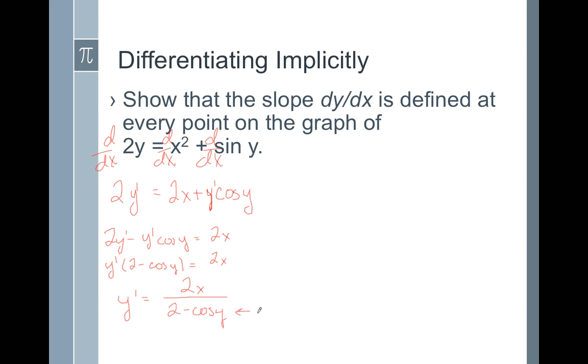And the answer should automatically be no. Because cosine has a range from -1 to 1, this denominator will never be 0, and therefore is defined at every single point. So this is my derivative, and because the denominator is never 0, that shows that the slope is defined at every point on the graph.